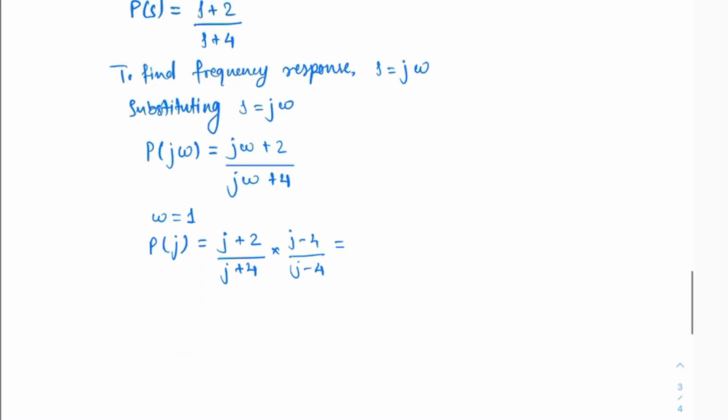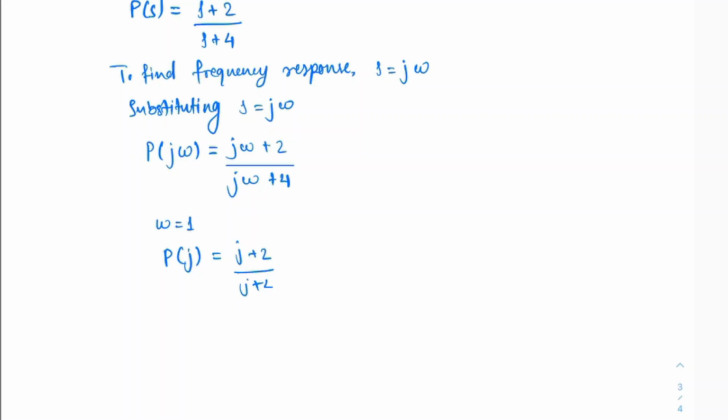or we can straight up take the magnitudes. Alright, so we have been asked for the magnitudes. Let's substitute omega equals 1, (j plus 2) over (j plus 4).